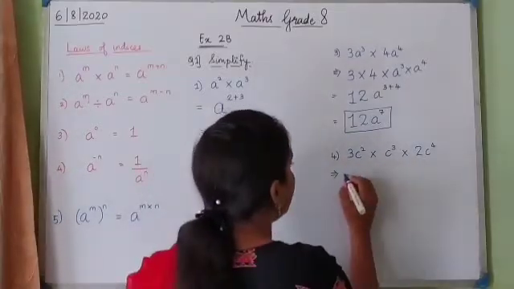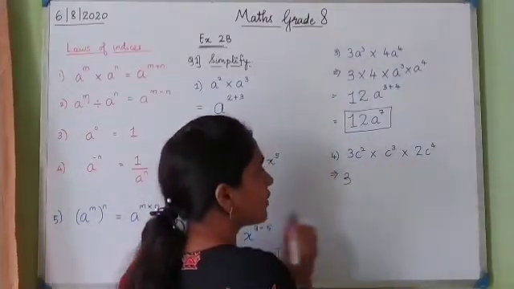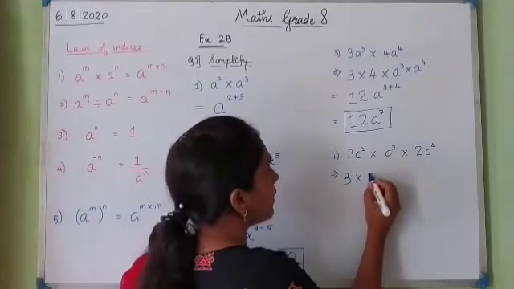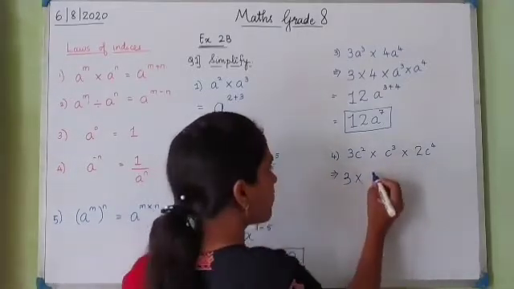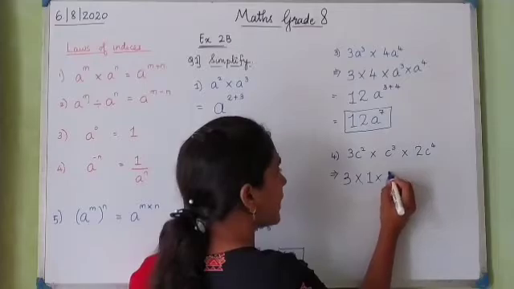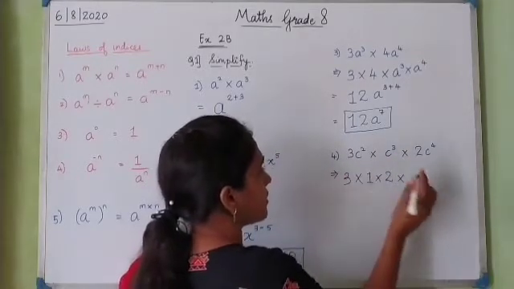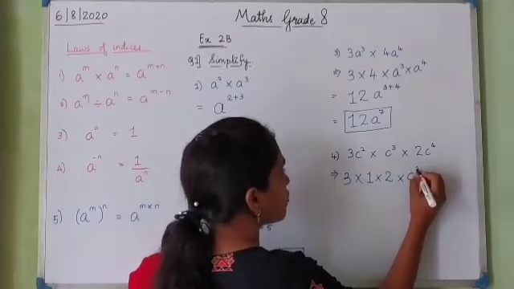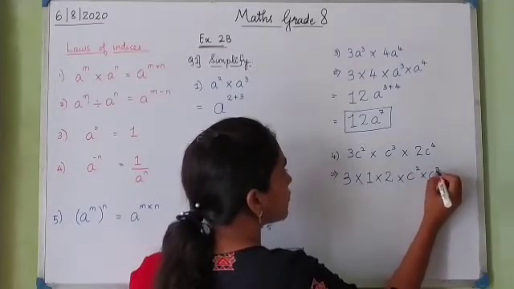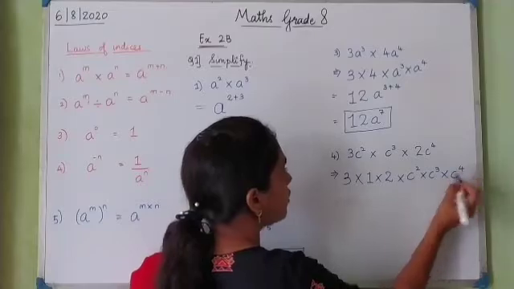So I write 3, the constant of the first term, then here there is no constant, so it is 1. So 3 multiplied by 1 multiplied by 2, and now I write the variables, c raised to 2 multiplied by c raised to 3 multiplied by c raised to 4.